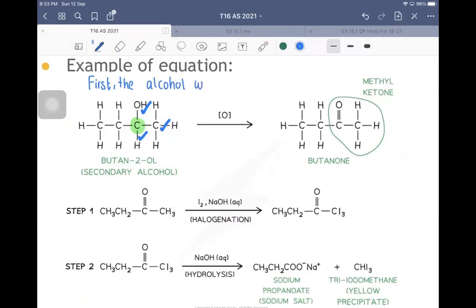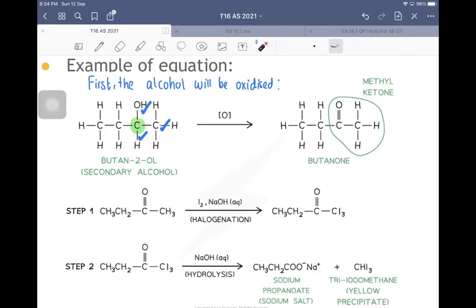First, the alcohol will be oxidized to a ketone. Okay, so a ketone or an aldehyde, it doesn't matter. Okay, so what happens during oxidation? You lose this hydrogen, and then because it's a secondary, you form a ketone. That means you must have a double bond on the oxygen, and you lose this hydrogen as well.